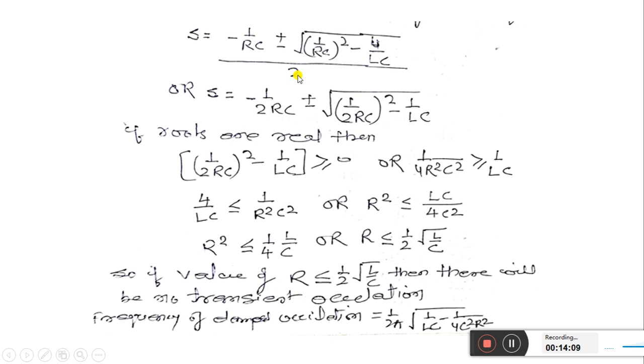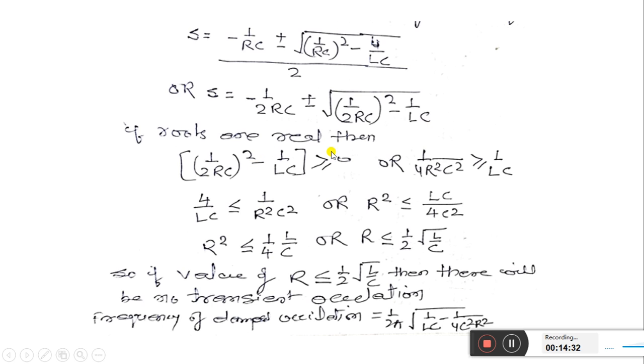A is 1, so it will remain only 2. So these are the roots of the equation. Or further, if you derive this, then we can write S equal to minus 1 by 2RC plus minus root of the square of 1 upon 2RC minus 1 by LC.